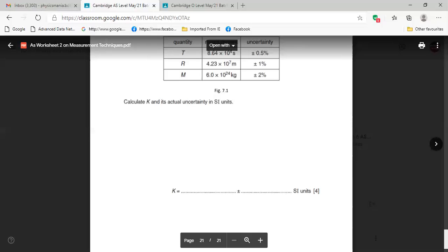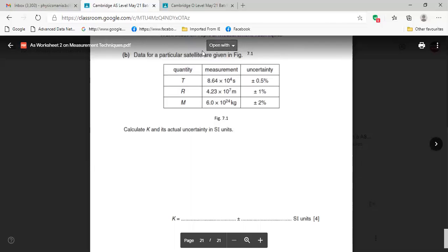Okay, so now you find del k. I will find del k like before, I'm showing you. We are using rule 2 here. Del k by k equals the rule.